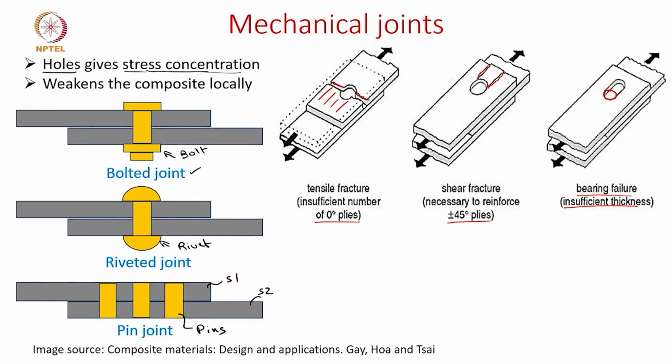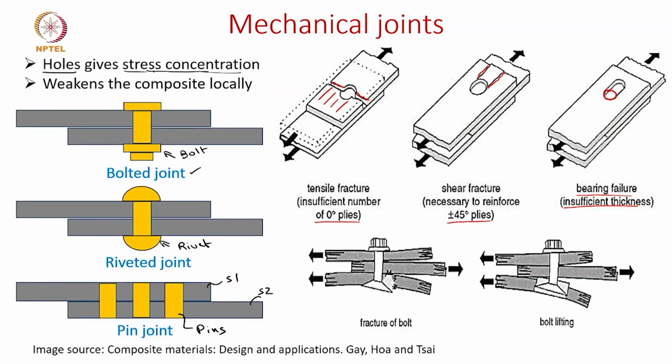And lastly, there are few other failure modes which are mostly out of plane. So let's say here there is substrate 1 and substrate 2, and we are joining with substrate 3 here, and then there is a tensile load on both ends. So then there are a few failure mechanisms which the bolt can fail.